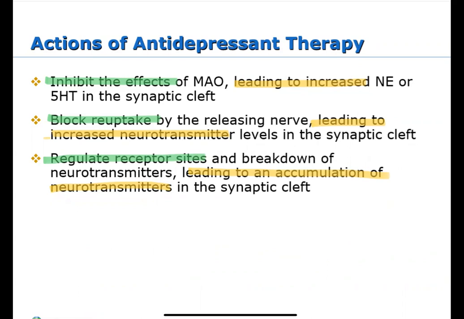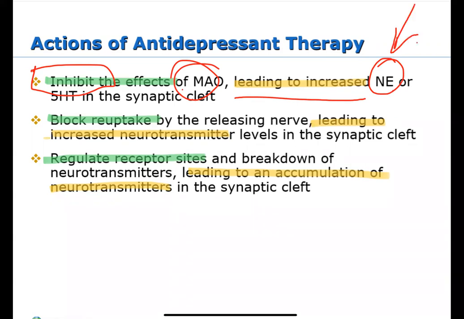Okay, so how does the medication work? Well, it inhibits, right? And then it leads to an increase in norepinephrine and so on and so forth. This is the neurotransmitter at that synaptic point, right? But it can also block reuptake.